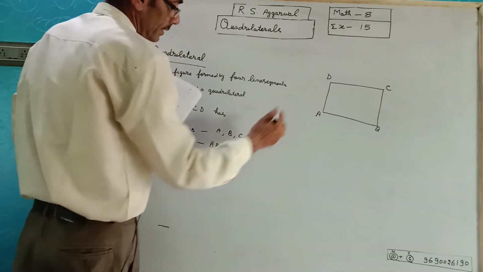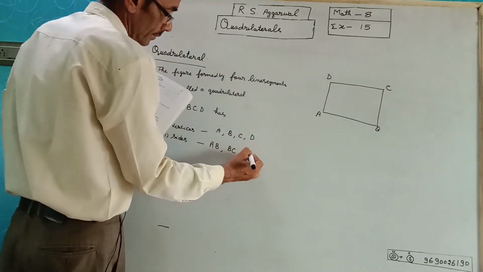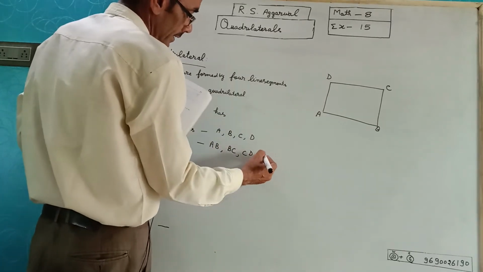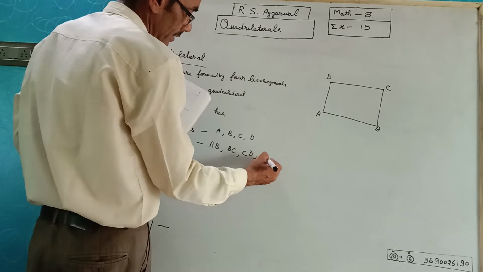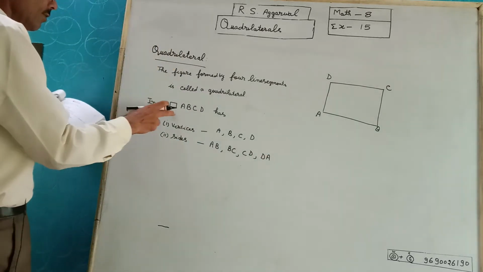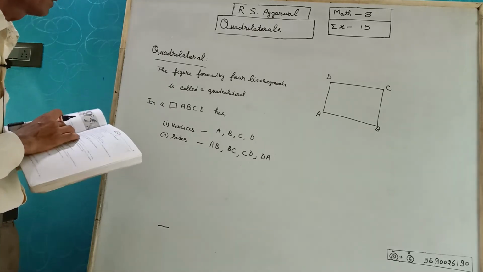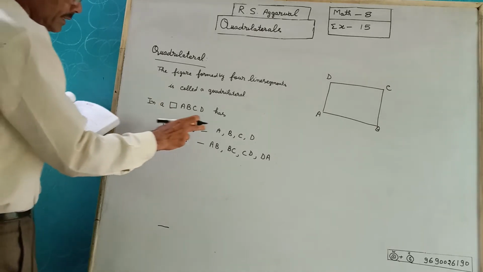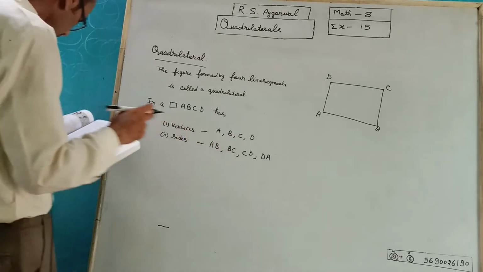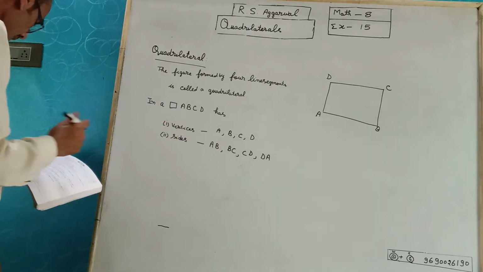C to D is the third side. DA is the fourth side. In a quadrilateral ABCD, there are 4 vertices, 4 sides, and 4 angles.